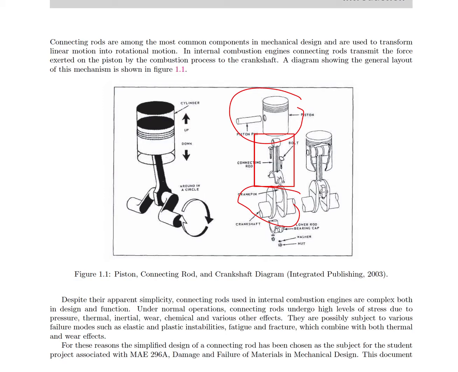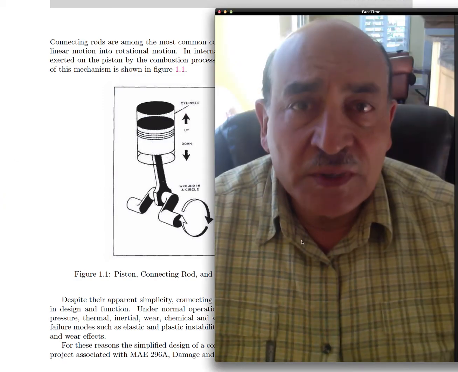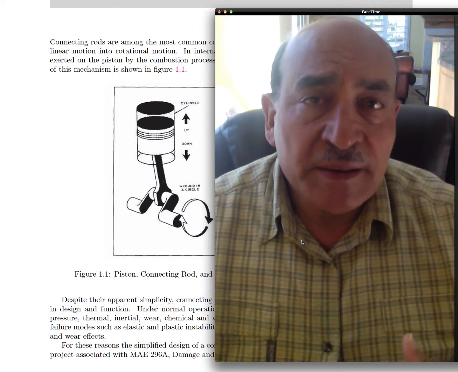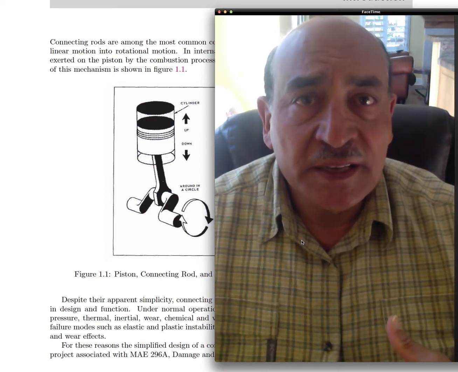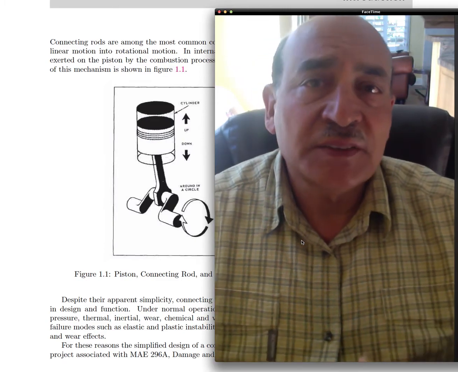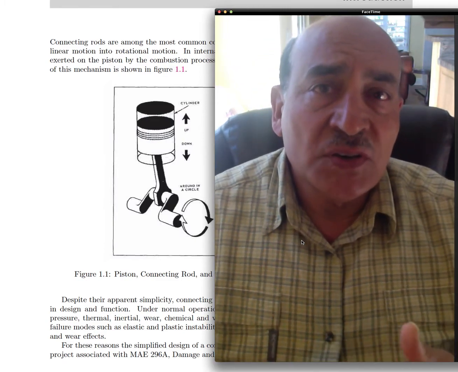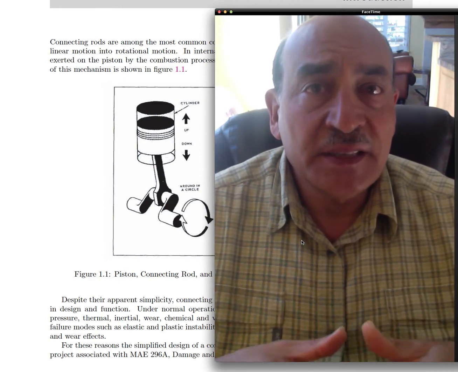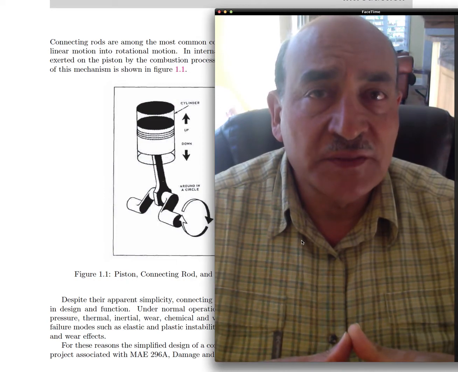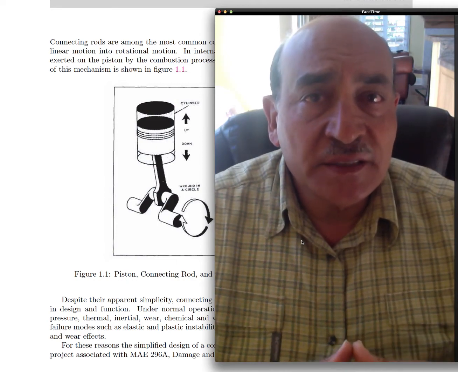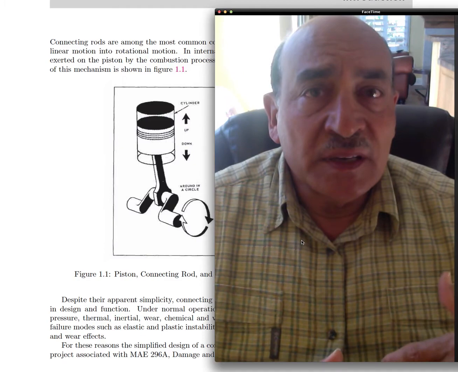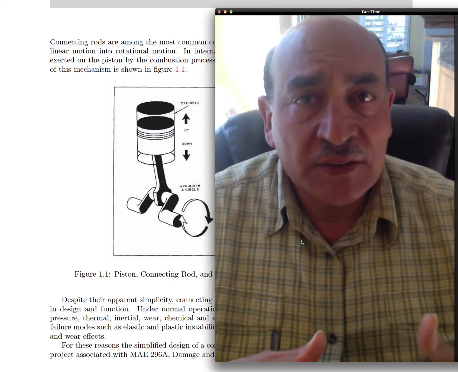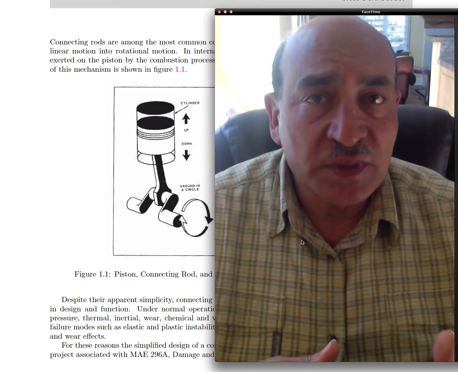And as you will see, we will try to get step-by-step analysis on the connecting rod as we build the knowledge throughout the class. So we are going to ask you to write a detailed report at the end of the quarter, and the detailed report will give all of the steps that have been taken throughout the 10 weeks in the quarter.